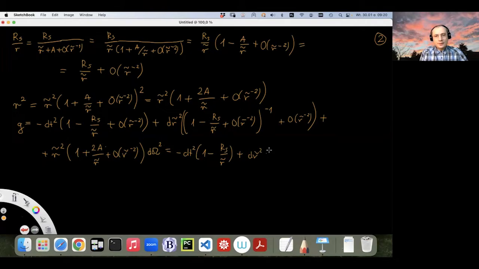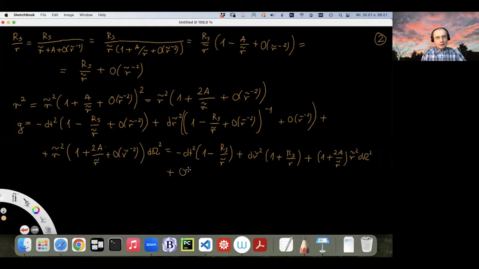This is inverted, so we get here 1 plus rs over r. And then we get 1 plus 2a over r tilde r squared, the omega squared.